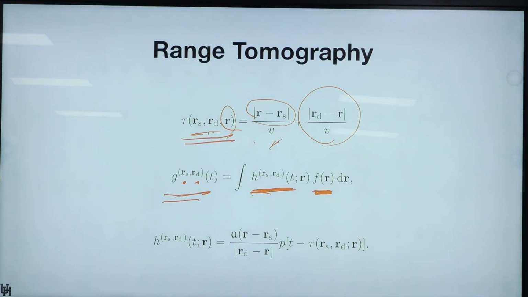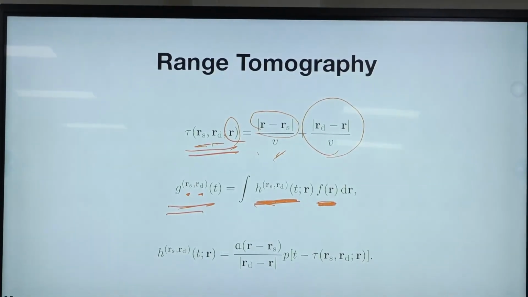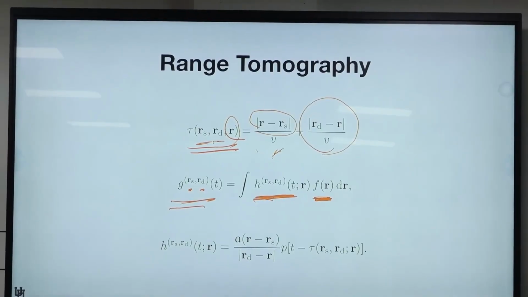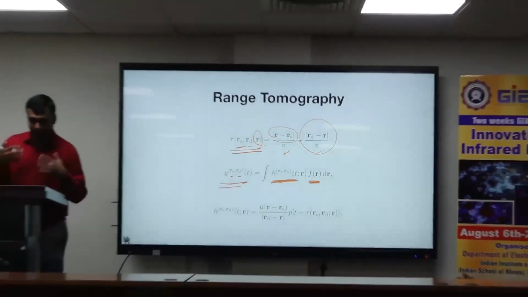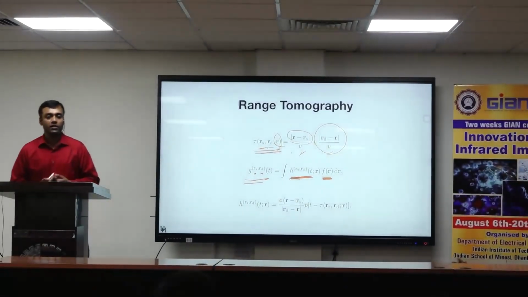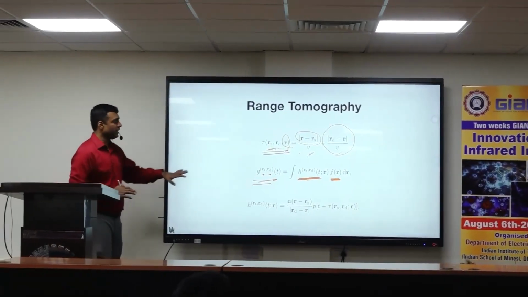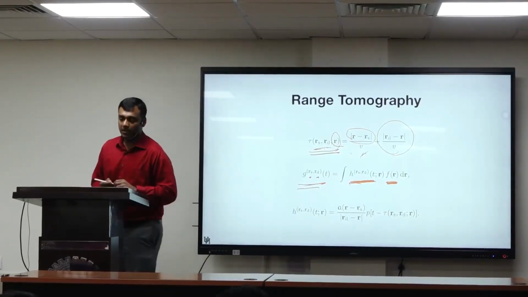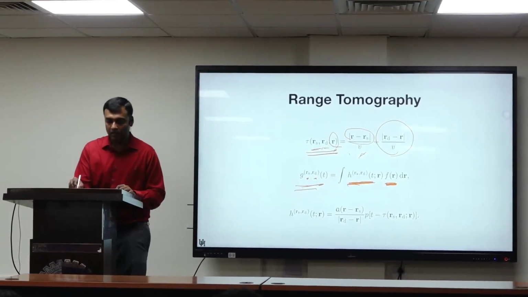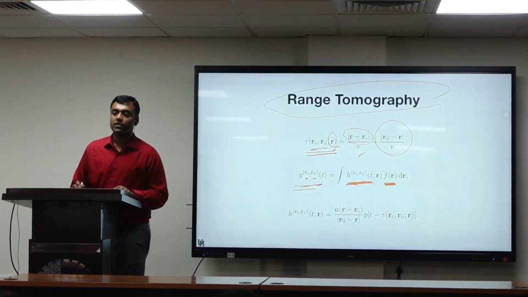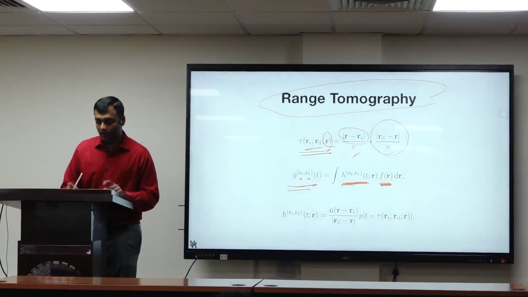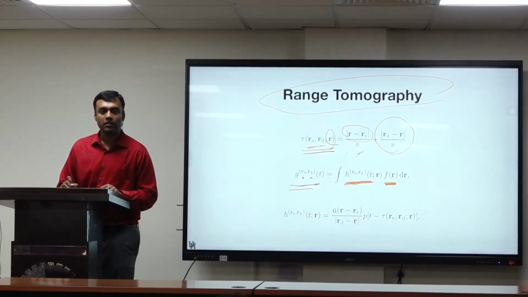H captures everything about how much time it takes for the wave to travel and come back. By doing some inversion, you can reconstruct the 3D structure from the data. So that's the basic idea behind this. This is the concept of range tomography. Okay. So, any questions?